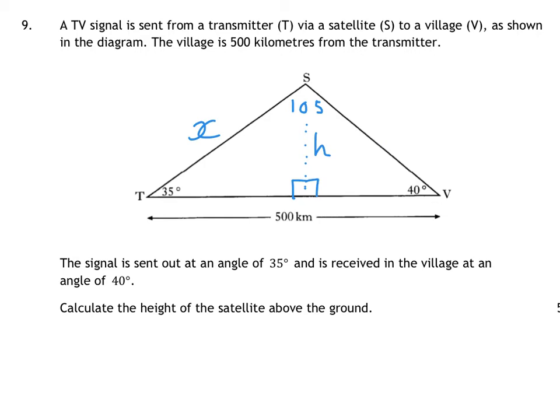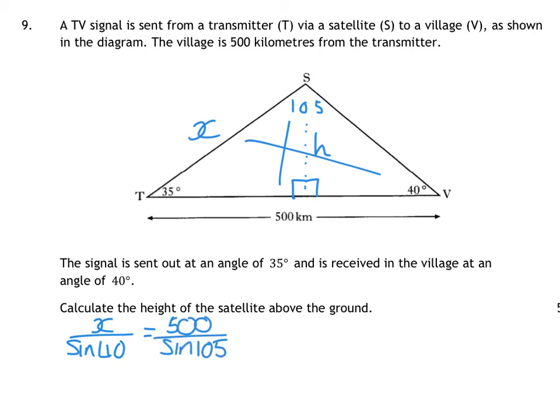So we are using sine rule, so you're going to have x over sine 40 equals your 500 for your distance over sine 105. So that's your first sum. Then we're going to bring the sine 40 up. So you've got 500 times sine 40 all over sine 105.